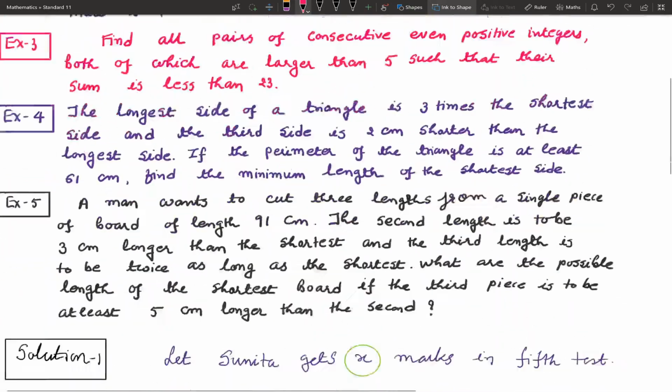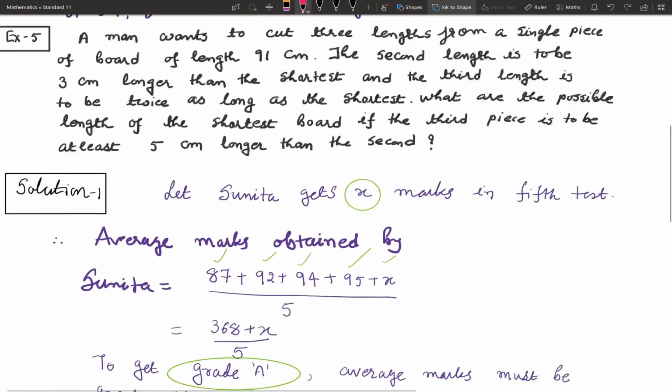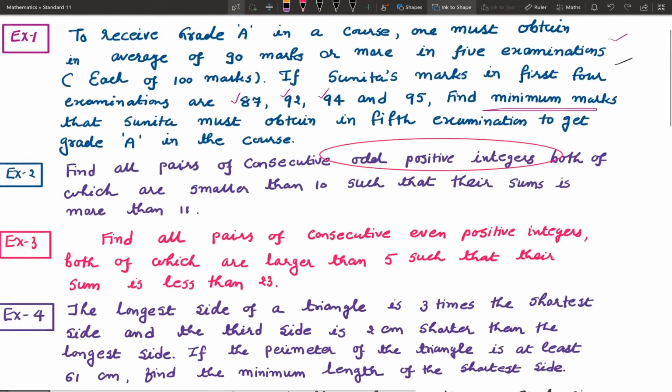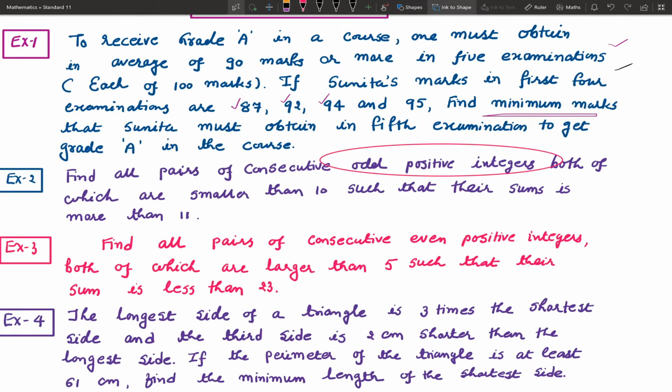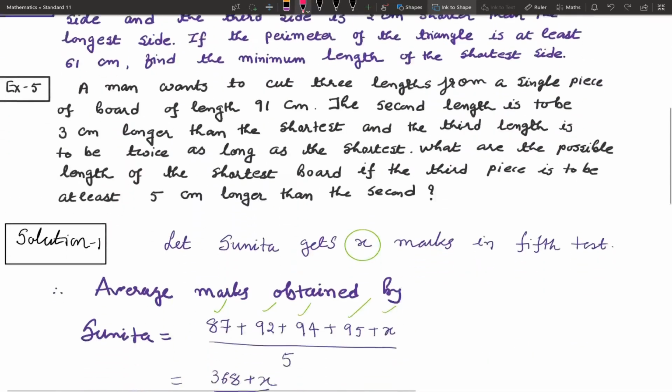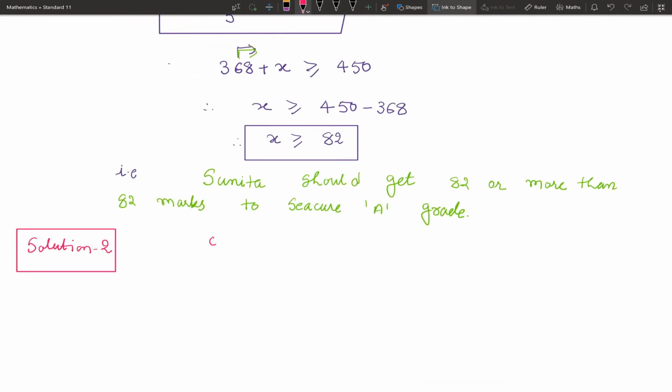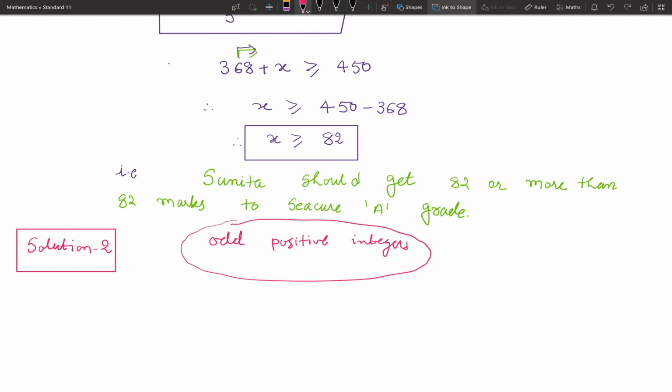So we have two consecutive odd positive integers.